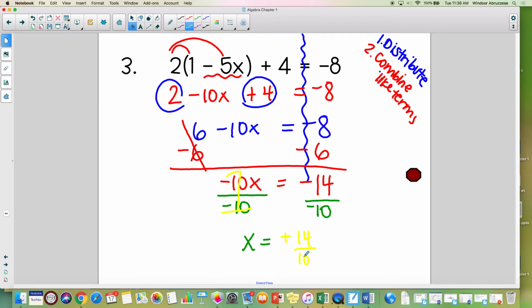You could change it to a decimal if you want, as long as you simplify it. This would be 7/5, which is the best answer, or you could make it into a decimal, which would be 1 4/10. All of these answers are equivalent. I would stick with this as my solution, but if you want to go into a decimal, that's perfectly fine too. You might want it in decimal mode to do your check.